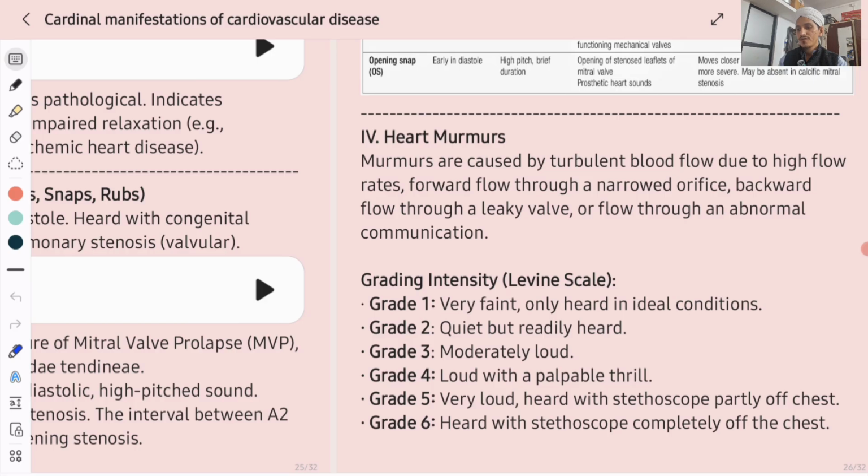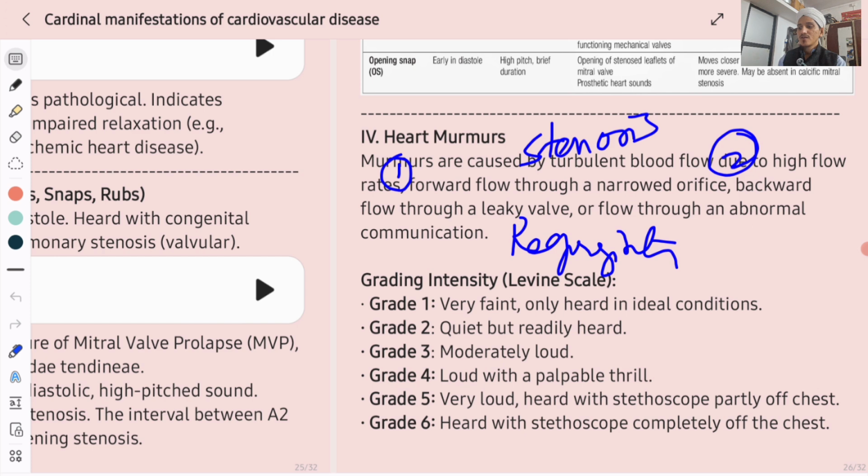Number one is forward flow through a narrowed valve, that is stenosis. Number two is backward flow through an incompetent valve, that is regurgitation. Number three is flow through an abnormal communication, for example patent ductus arteriosus or ventricular septal defect.